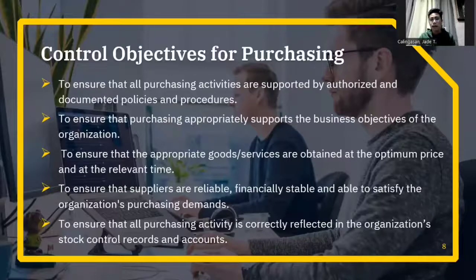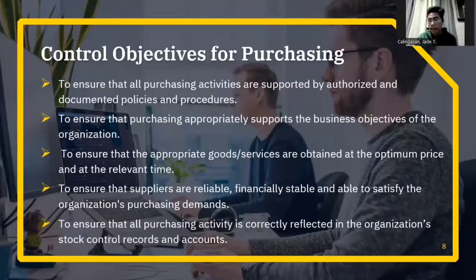To summarize, sa control objectives for purchasing, parang mga guidelines na dapat isaalang-alang or isatisfy ng company para masabing effective and efficient yung purchasing activities sa nasabing company. Dapat daw ay supported by authorized and documented policies and procedures, and it should support the business objectives of the organization.